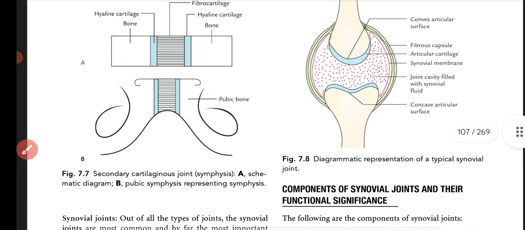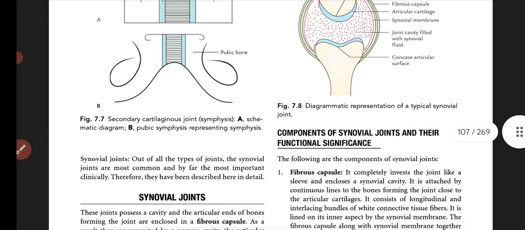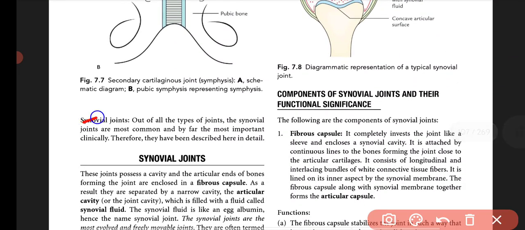So next we go for synovial types of joints. Out of all the types of joints, the synovial joints are the most common in the body and the most important clinically.